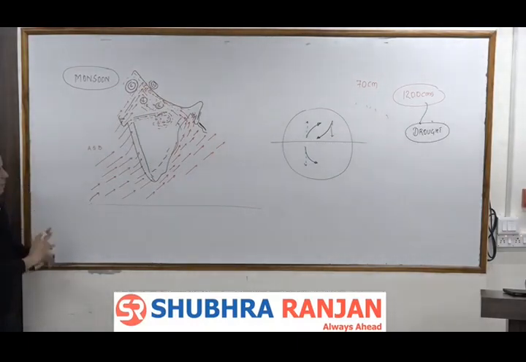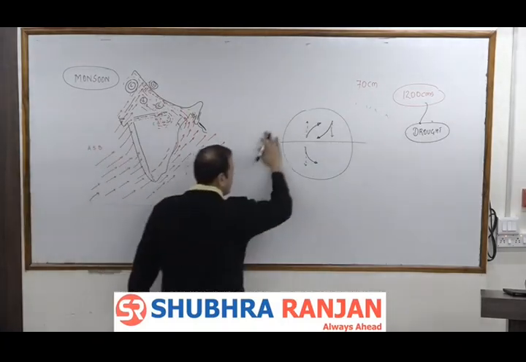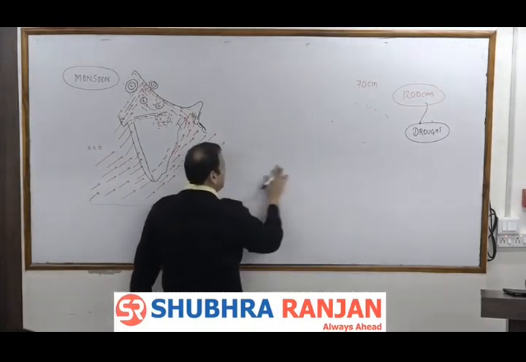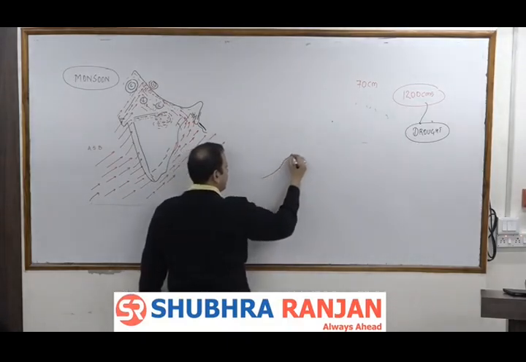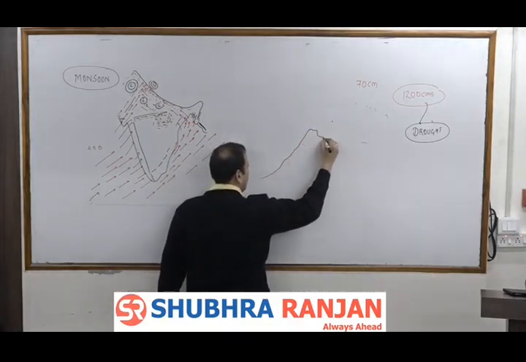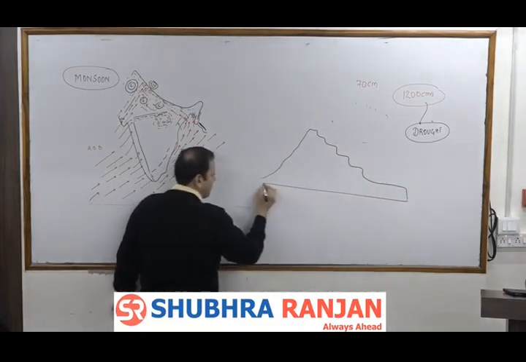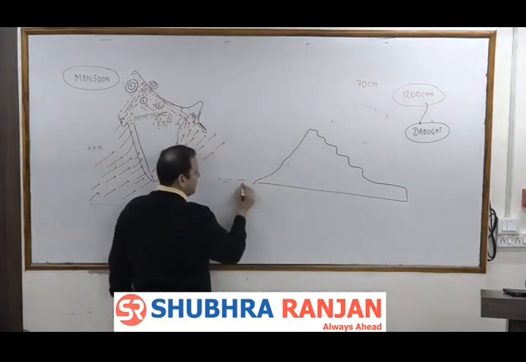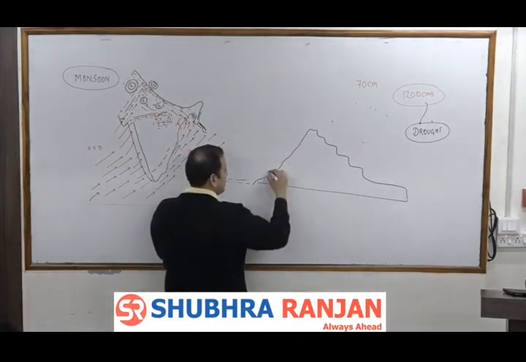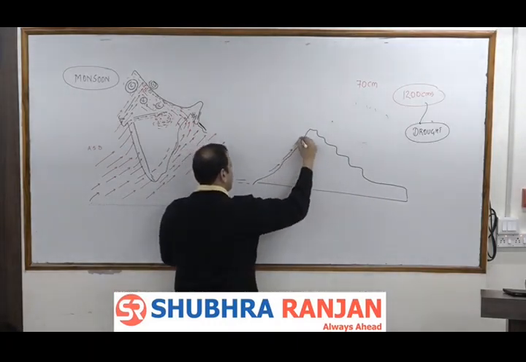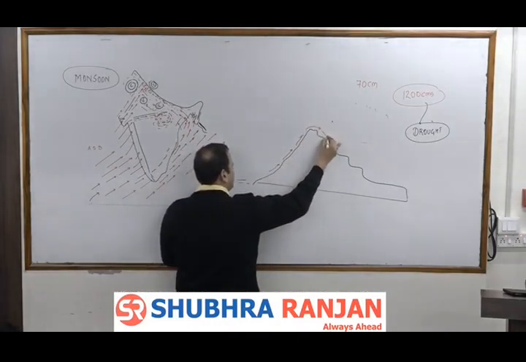Most of the Arabian Sea branch is forced to rise up due to the presence of very high mountains known as the Western Ghats. This is the Arabian Sea. But after crossing the Western Ghats, this wind is forced to come down.